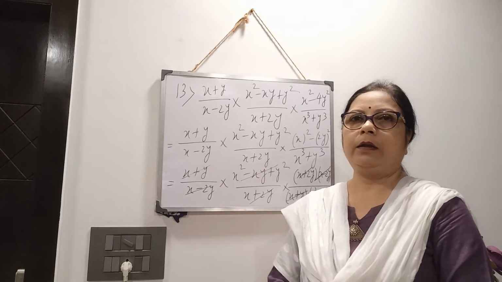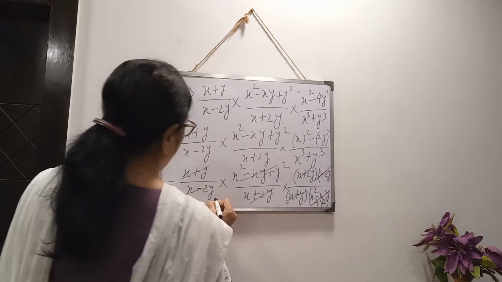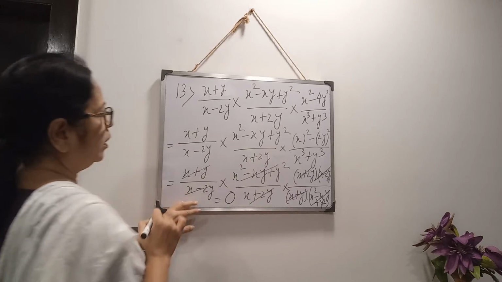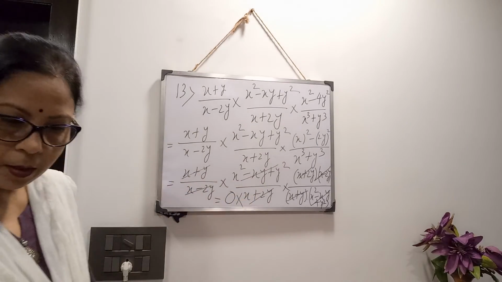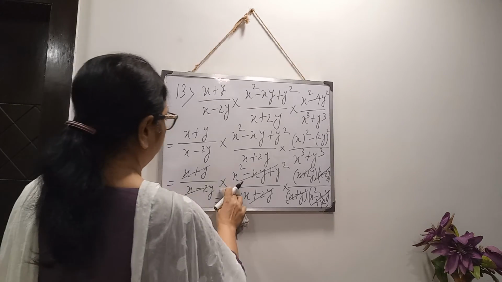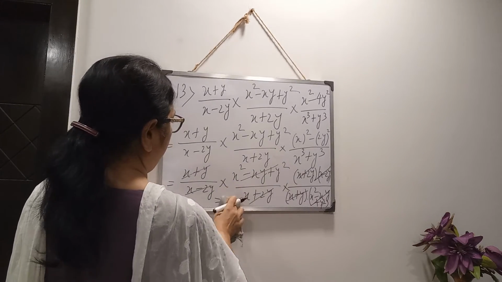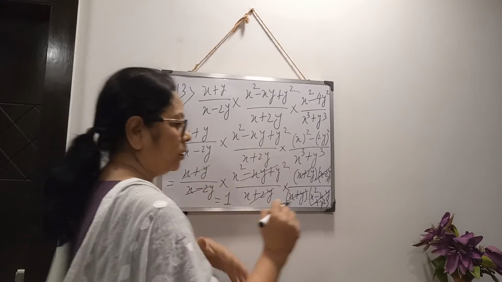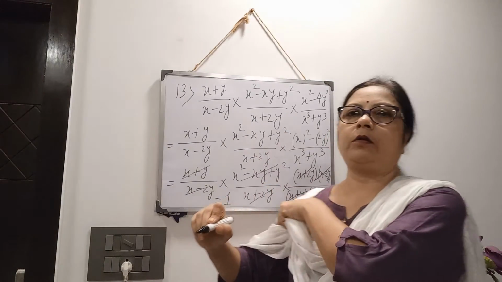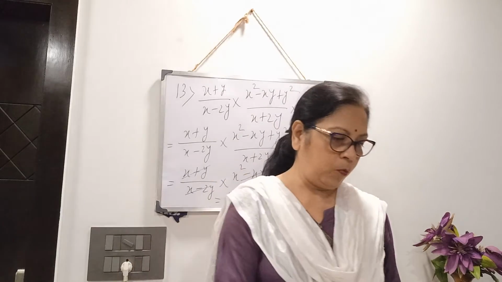And after that you write this. No factor is there, you write 0. But this is wrong. Clear? There will be 1. Whole is cancelled out, the answer will be 1, not 0. Be careful about that. Not 0, it will be 1.